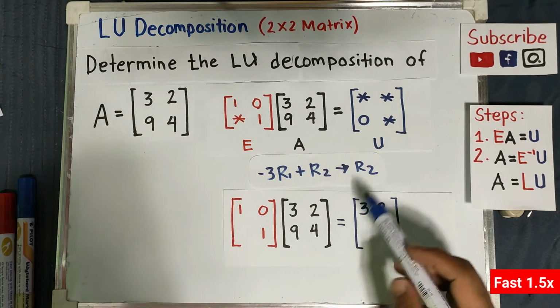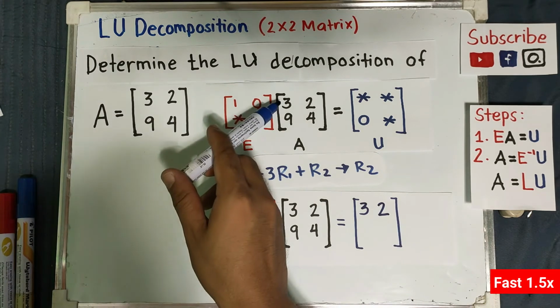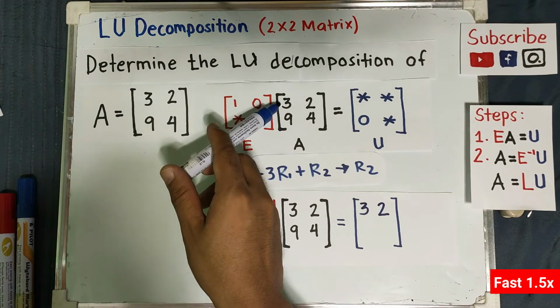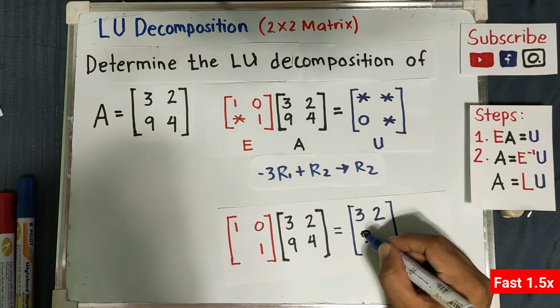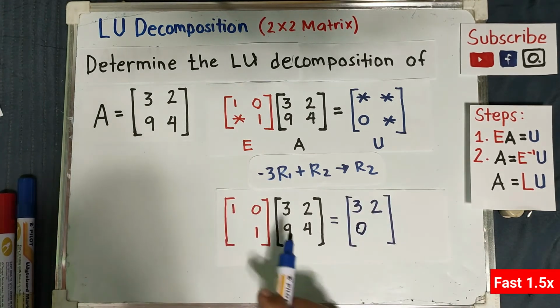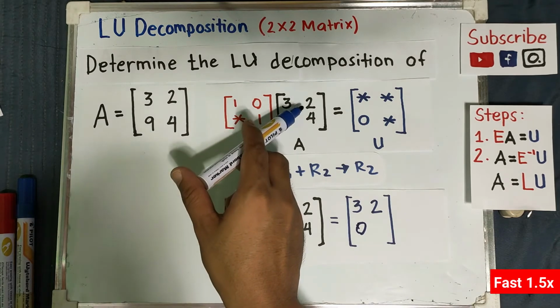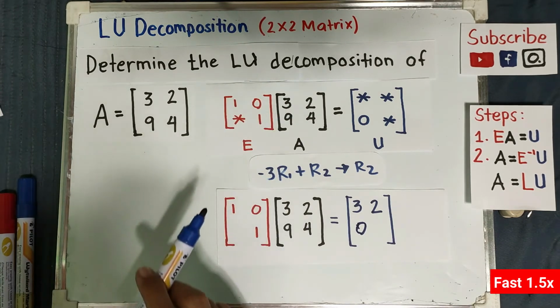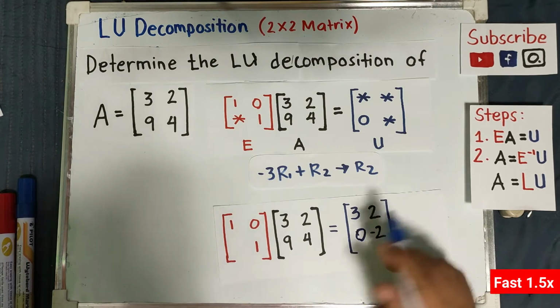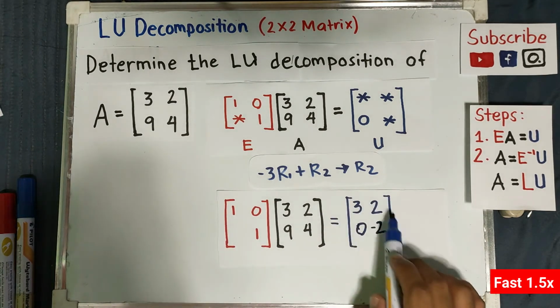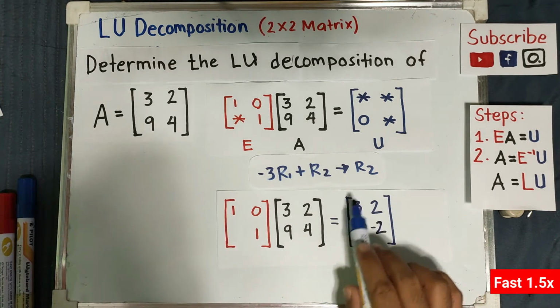Let's multiply -3 times 3, which is -9. -9 plus 9, the answer will be 0. So we'll have 0 here. And -3 times 2 is -6, plus 4 is -2. So -2, right?